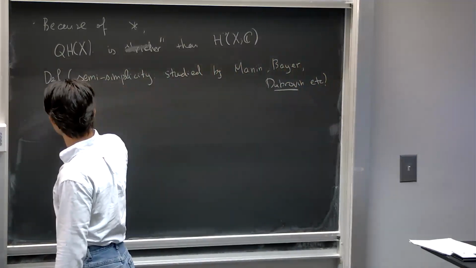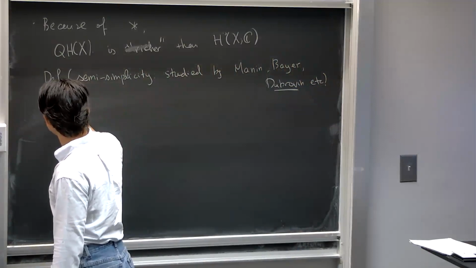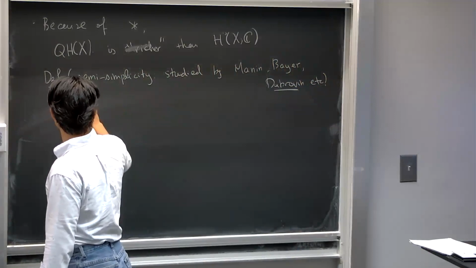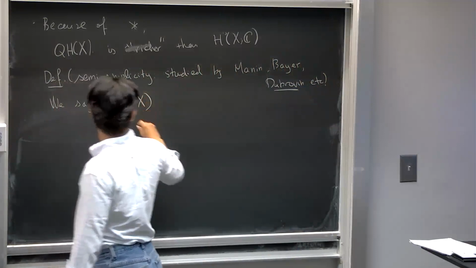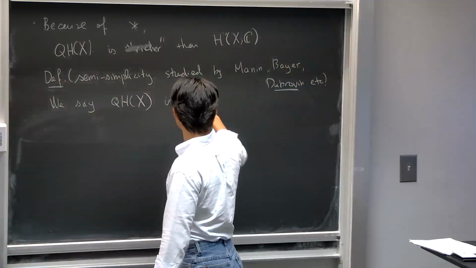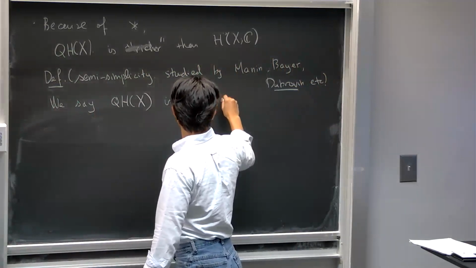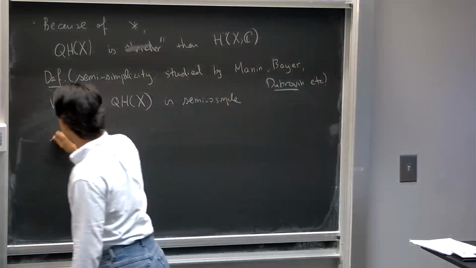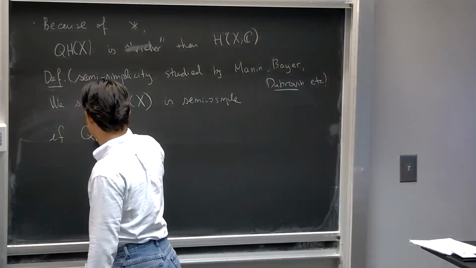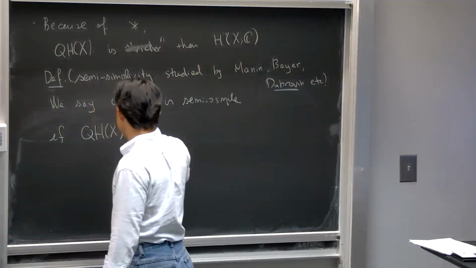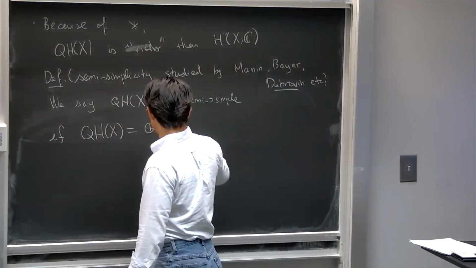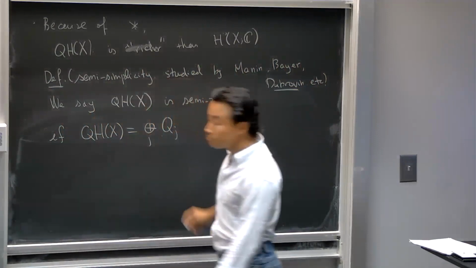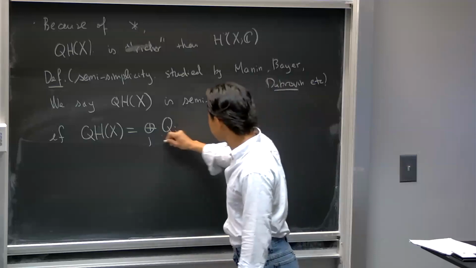And so what is that? We say the quantum cohomology is semi-simple if it splits into a sum of fields.